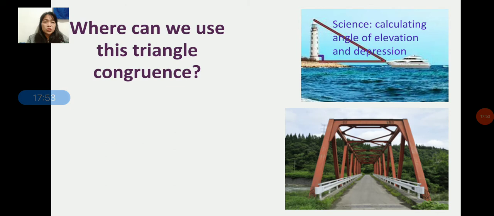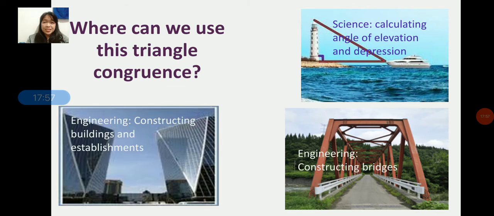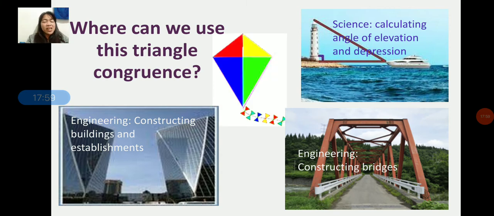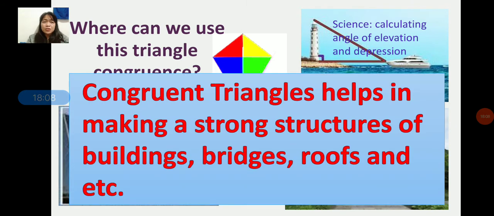We can also use it in constructing bridges, buildings and establishments, and we can also use it to make kites in arts. How important is the triangle? So congruent triangles help us in making strong structures of buildings, bridges, roofs, and etc. So they are very essential to us.